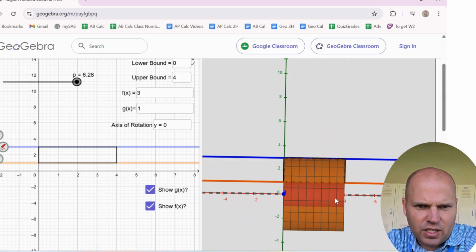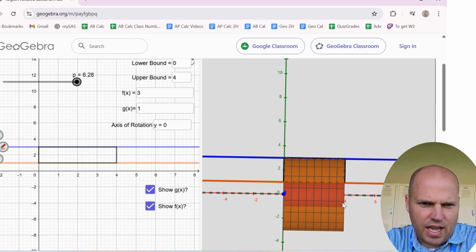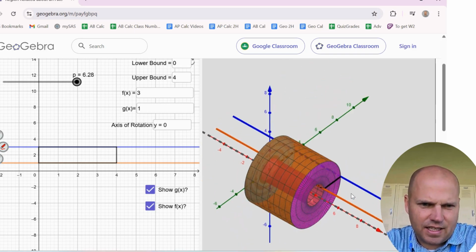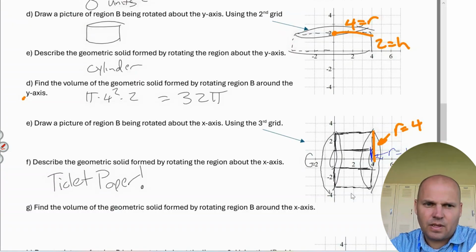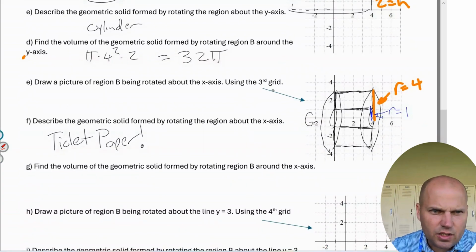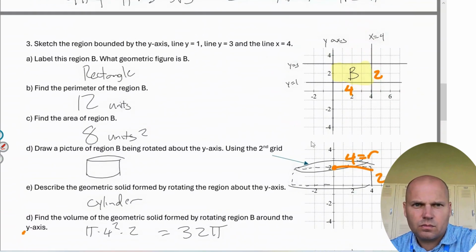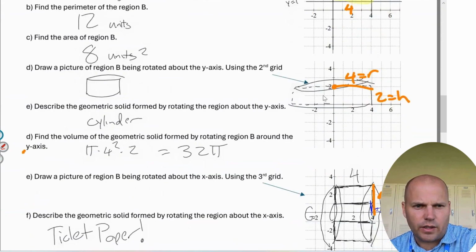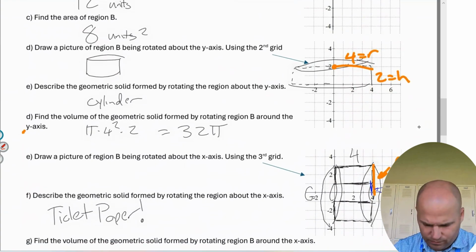You see how this region right here, this rectangle spun around the x-axis, creates this cylinder with the hole in the middle. This is still 4. It's 3. Y equals 3.